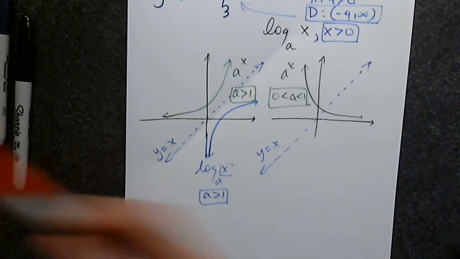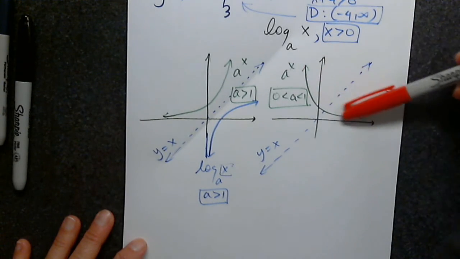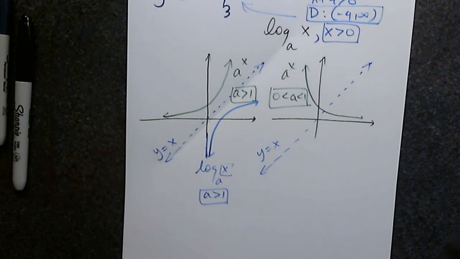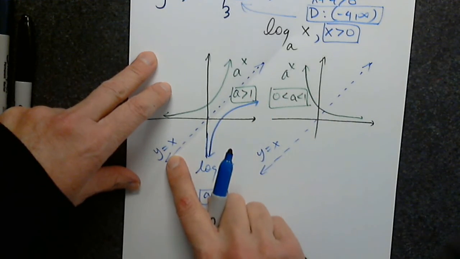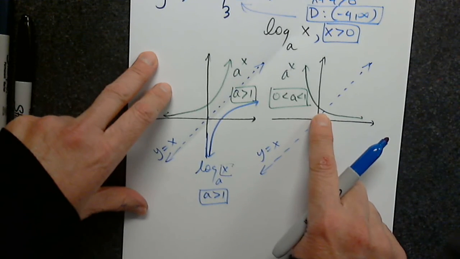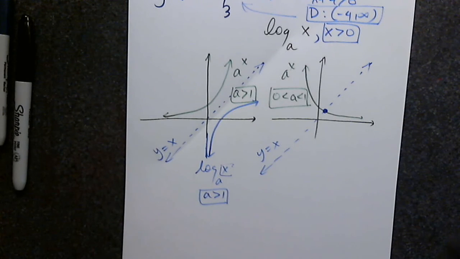So the second shape is when the exponential function has a base less than 1. And notice something very important. The increasing function did not cross y equals x, but the decreasing function crosses y equals x. This must be a point of the inverse as well. How come?